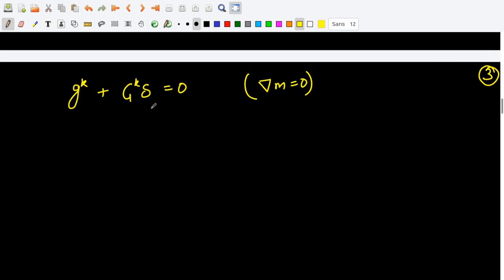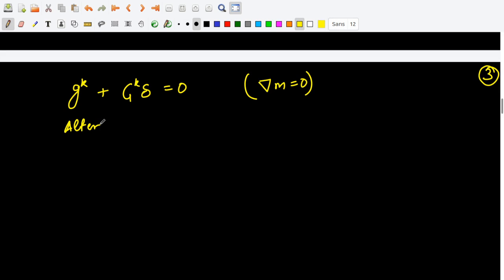Recall that delta is a vector, so we need the gradient of m with respect to all components of delta. There are multiple ways of writing it.